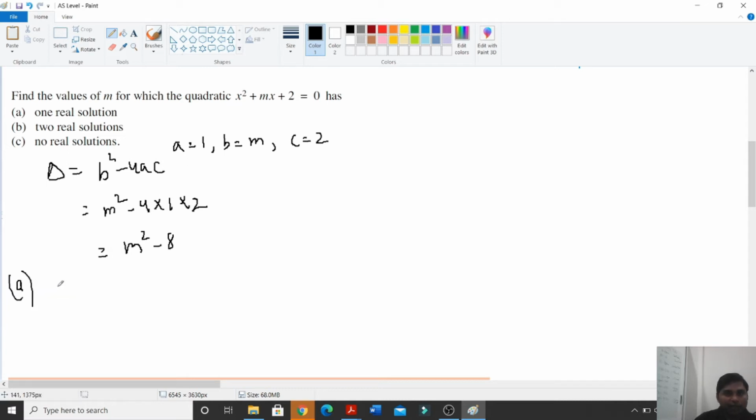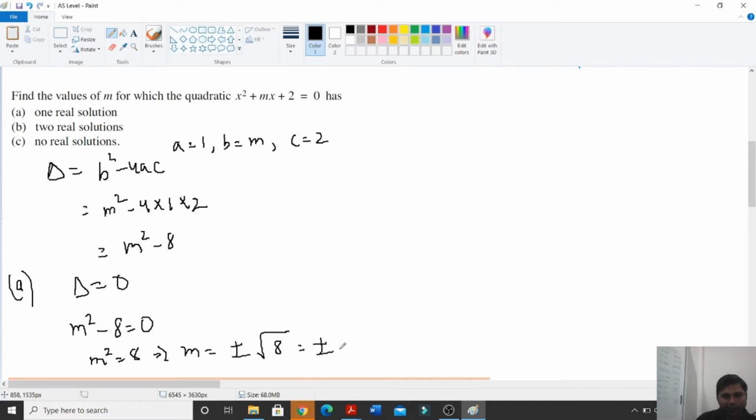Now part A, one real solution. So for one real solution, discriminant has to be equal to 0, right? That's what we learned. So it means m square minus 8 equals 0. That will give you m square equals 8, which will give you m is equal to plus minus root 8, which is plus minus 2 root 2, right?